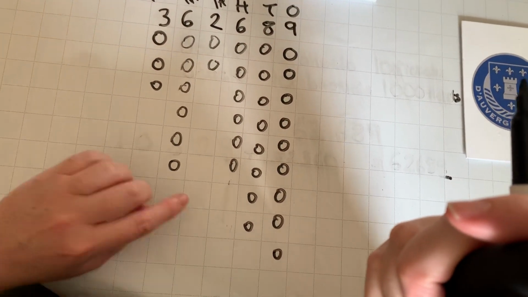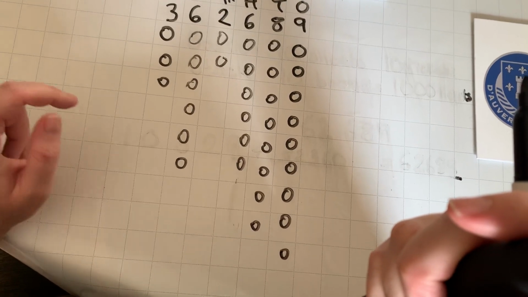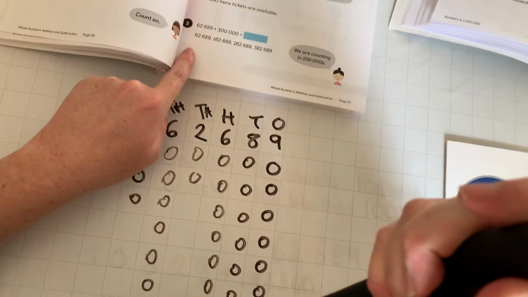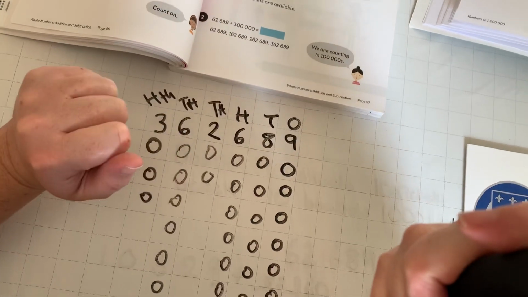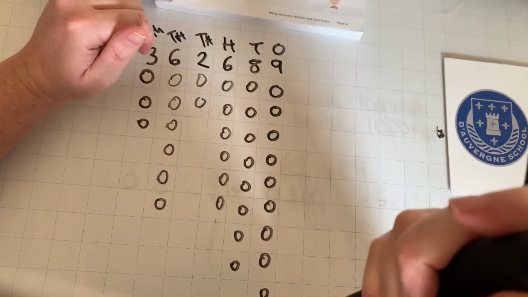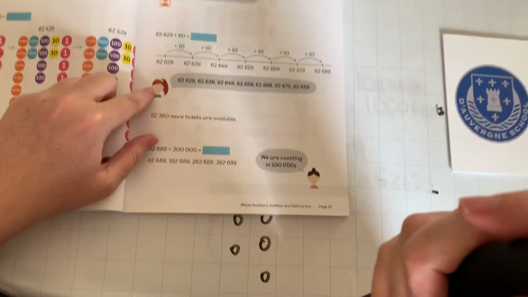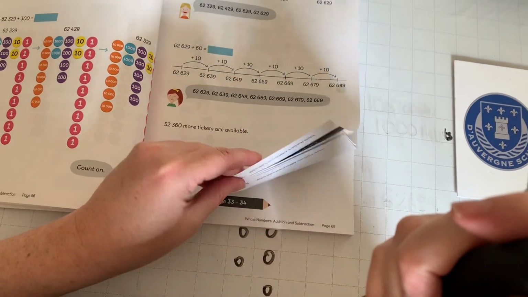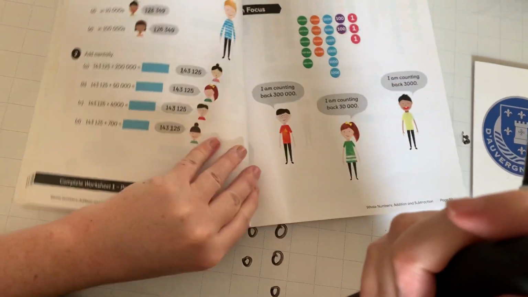Okay, counting away is absolutely fine. Counting in your head, like Ruby's done here, is absolutely fine. If you wanted to draw a number line out, just like Holly and Hannah have done, again, you use your preferred method.